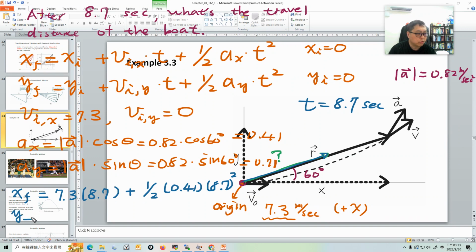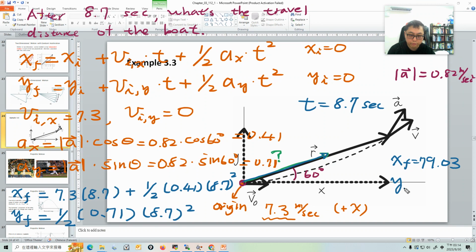And for the final position of y, the initial position is 0 and the initial velocity y component is also 0, so it only has 1/2 times 0.71 times 8.7 squared. What's the value? xf is 79.03, and yf is 26.87. You can use your calculator to check the answer.